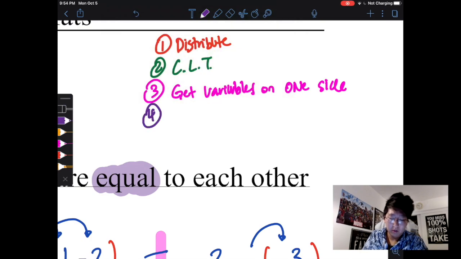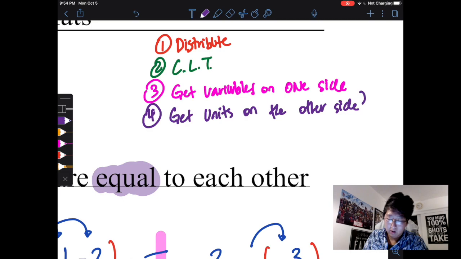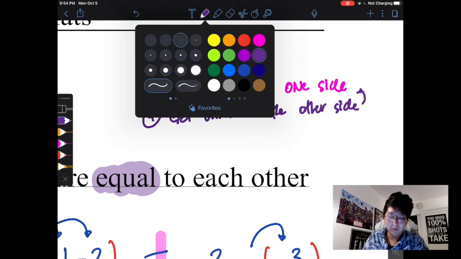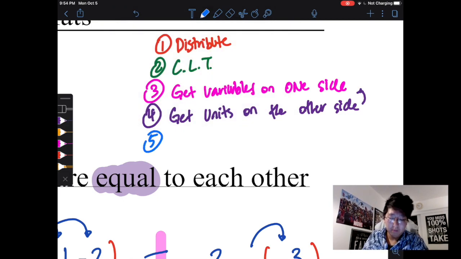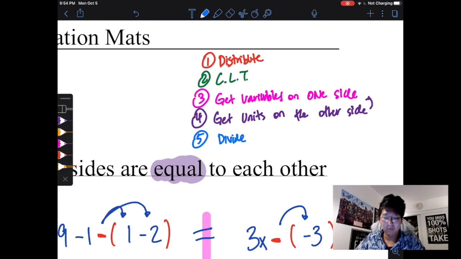Fourth step, get units on the other side, the other side of x. The last step is to divide by the number in front of x. It's called the coefficient.